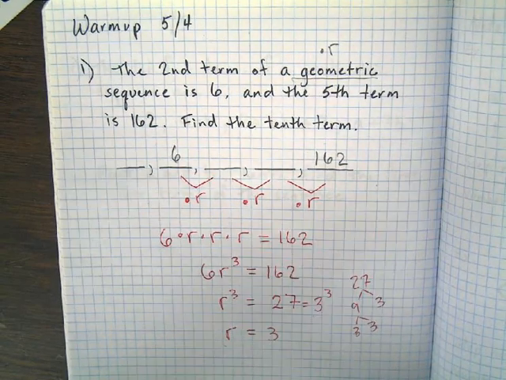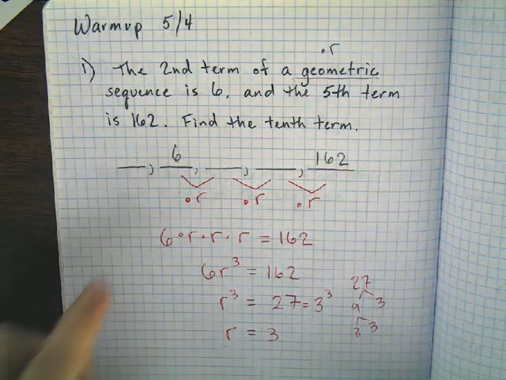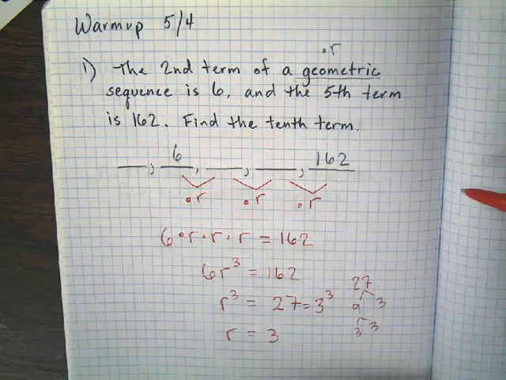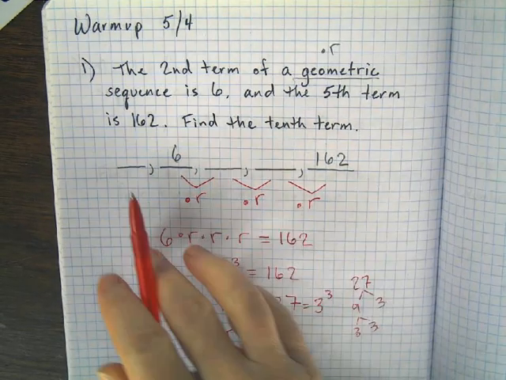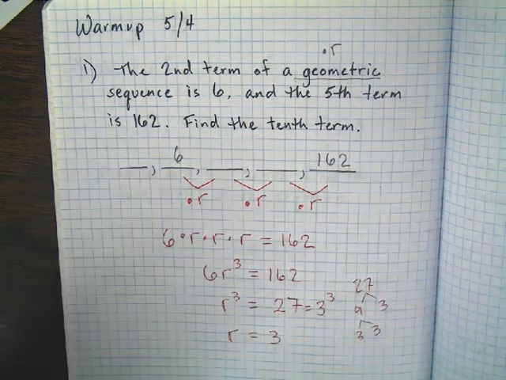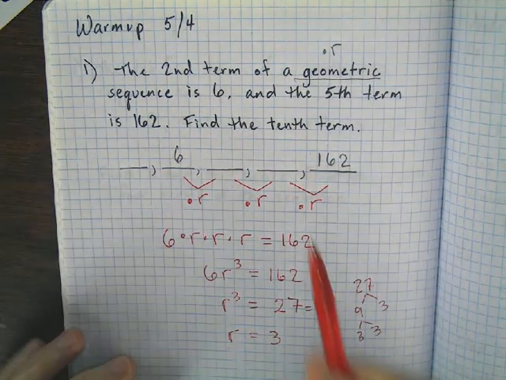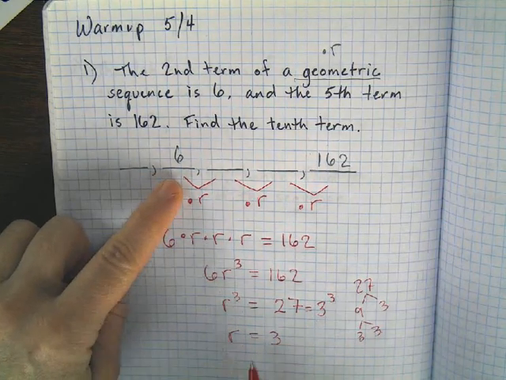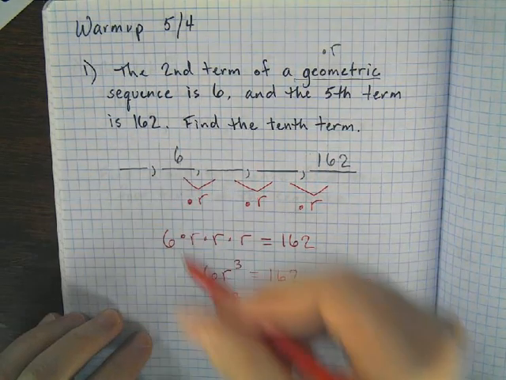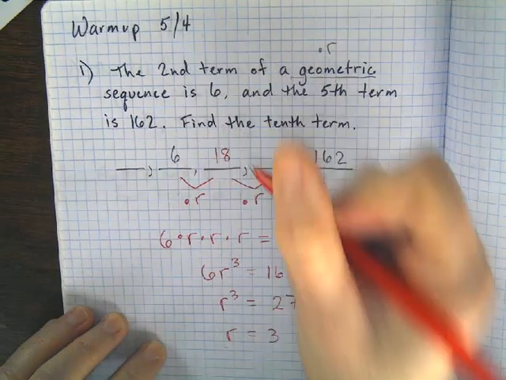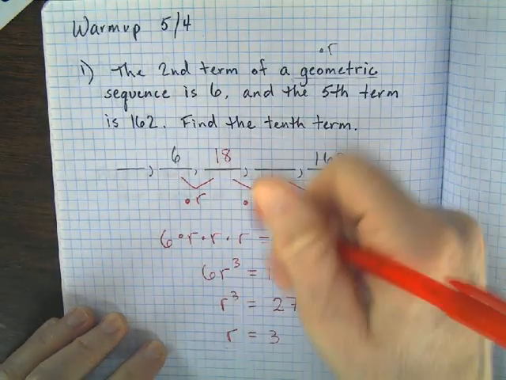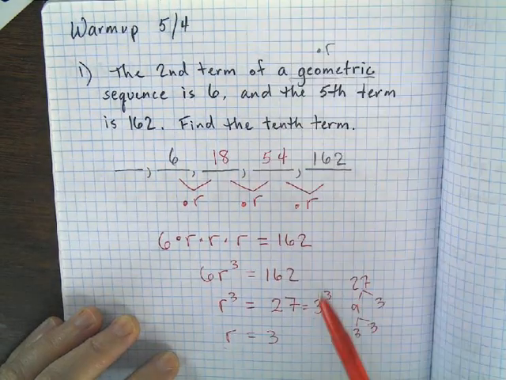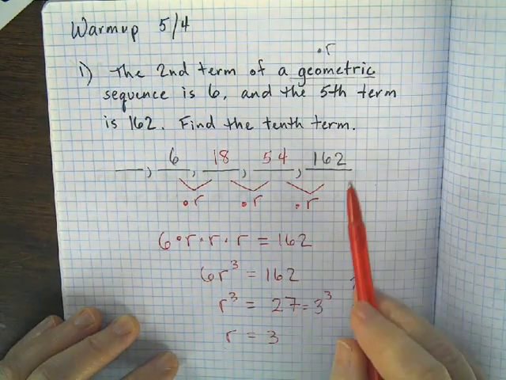Okay, so now I can go fill in my sequence if I want, and I could continue my sequence. Or it doesn't ask me for the missing parts of the sequence, so I don't actually have to do that. Instead, I can just go ahead and find the 10th term. So if you want to, you can certainly go 6 times 3 is 18. 18 times 3, let's see, there is 54. 54 times 3 is, yep, 162.